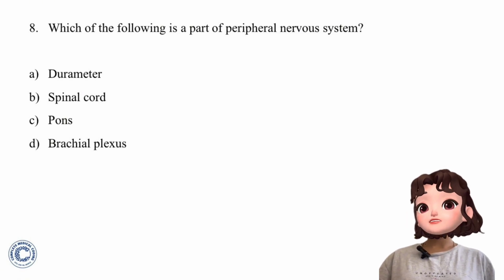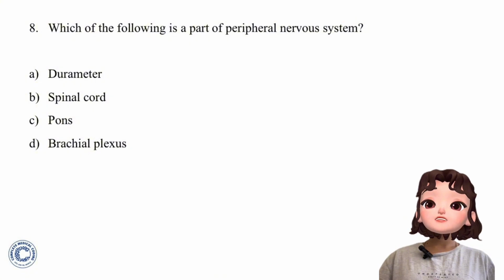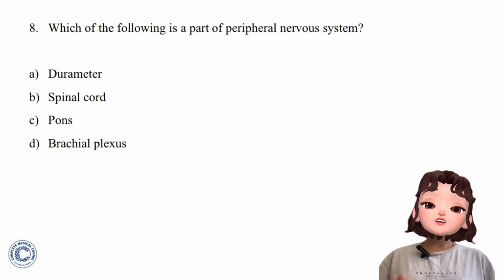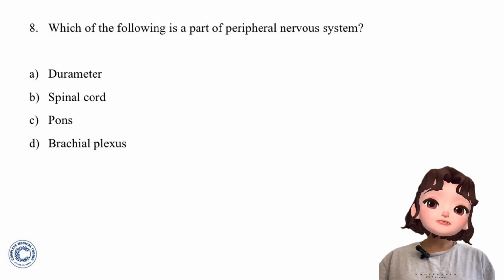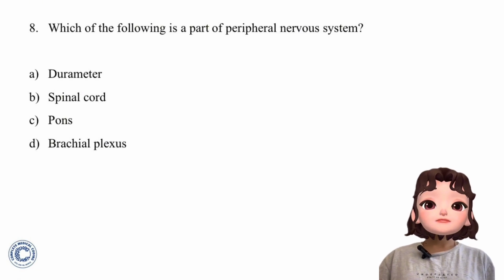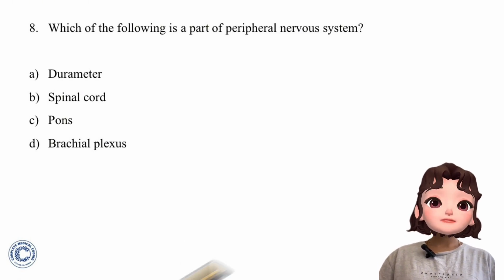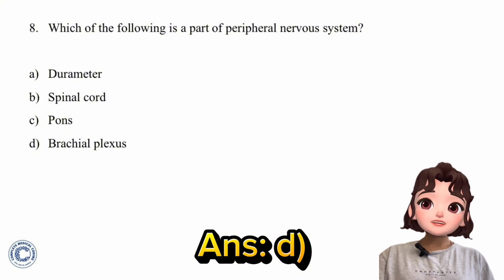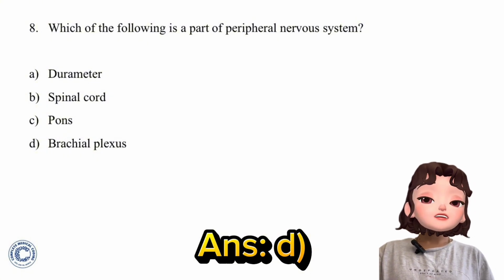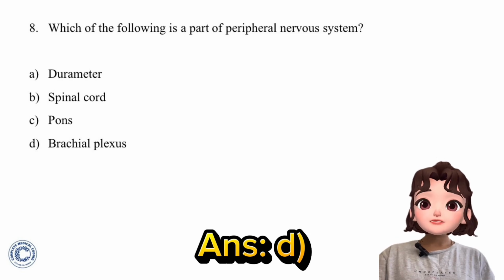Option A, dura mater. Option B, spinal cord. Option C, pons. And option D, brachial plexus. The answer is option D, brachial plexus. Brachial plexus is the part of the peripheral nervous system. The remaining are part of the central nervous system. Okay.